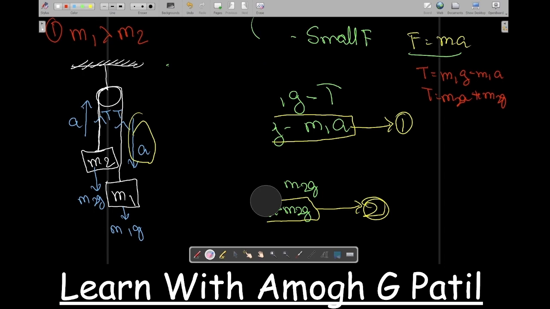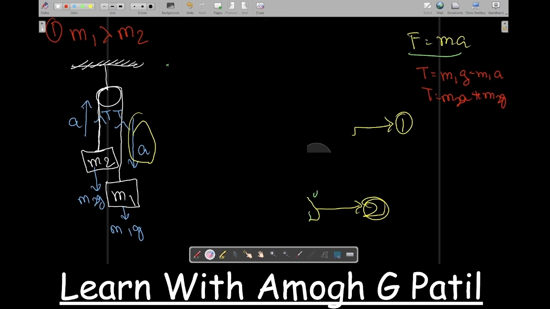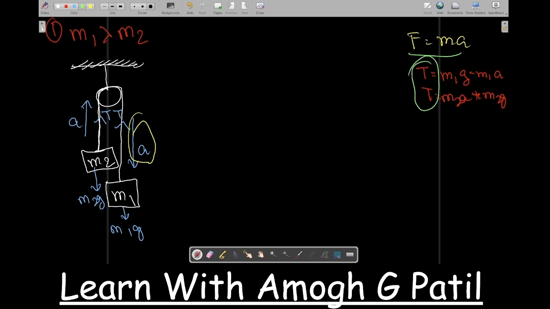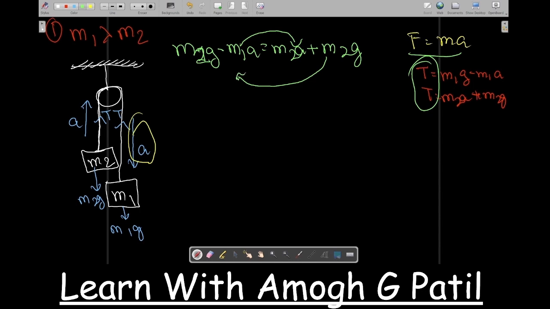Now over here we can see T is common. So I can directly write M1g minus M1a is equal to M2a plus M2g. So I'll take this one over here and this one over here.